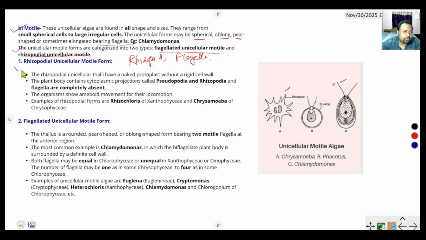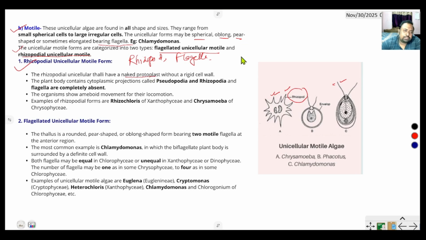First, the rhizopodial unicellular motile form. This is the example, Chrysoamoeba. It contains rhizopods, small outgrowths like pseudopodia. The rhizopodial unicellular thalli have a naked protoplast.